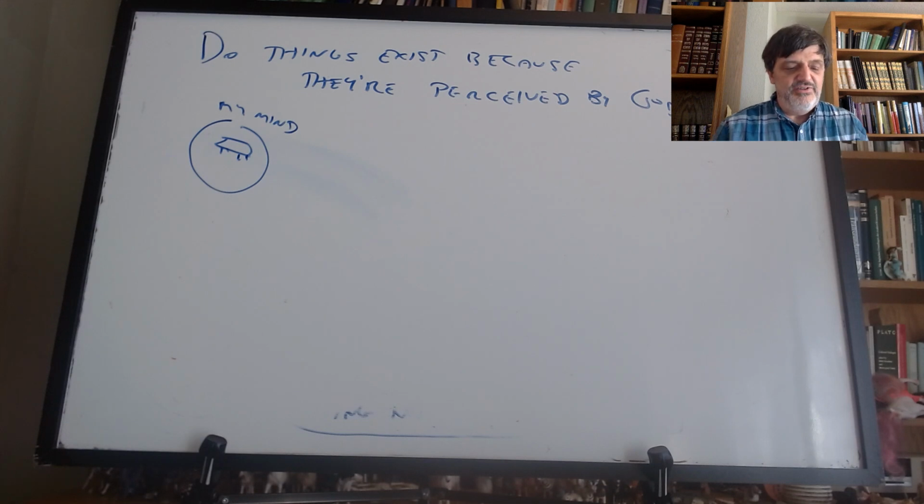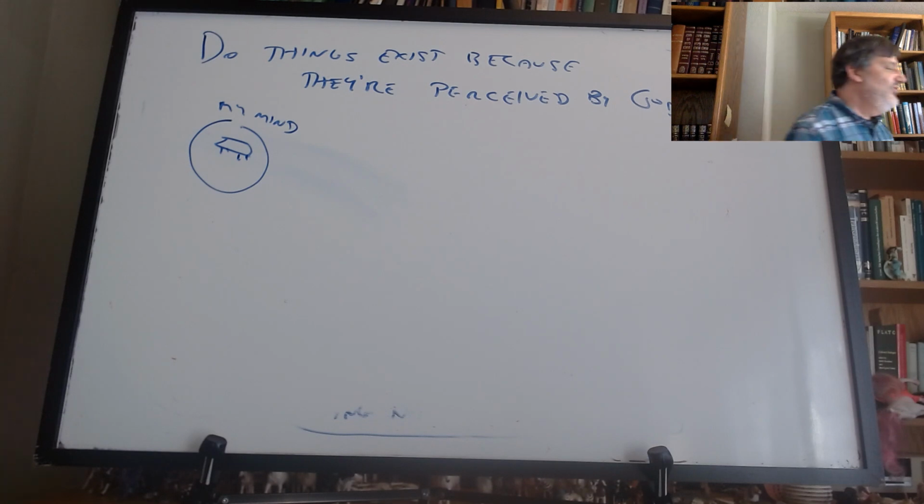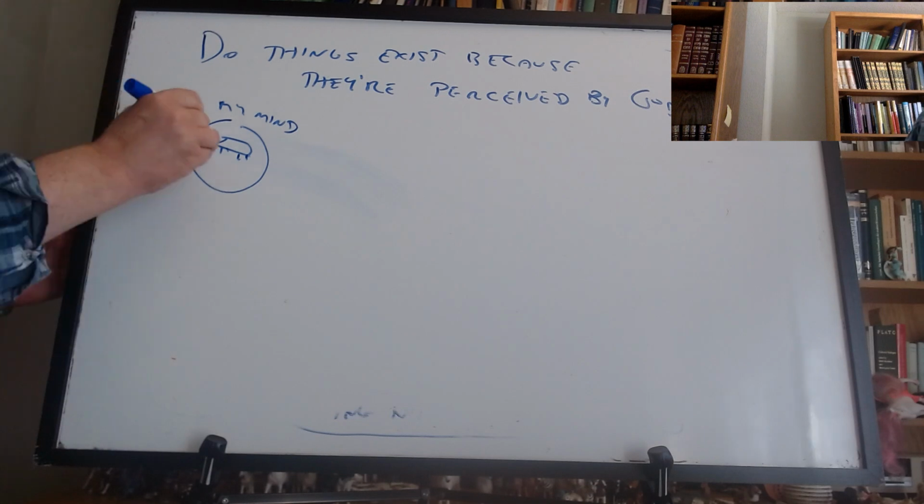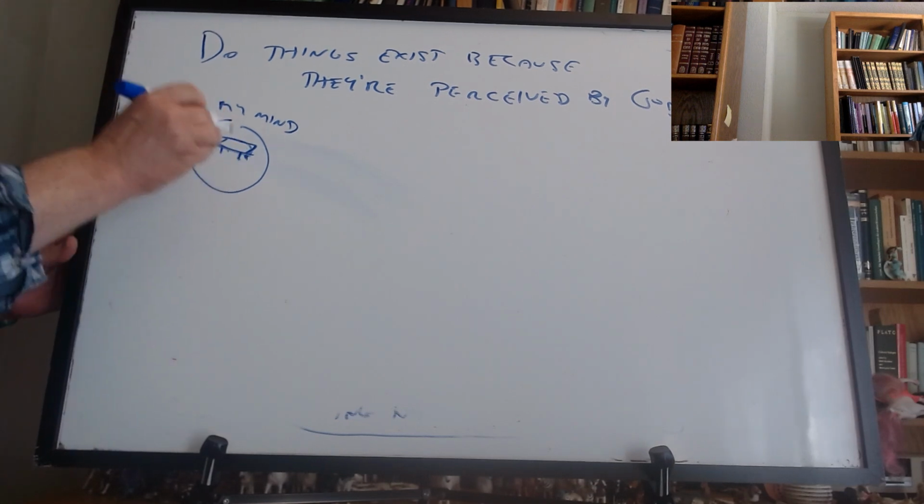Right? So like if tables are big and hard and colorful and can hold lots of stuff and you have to pay money to get them and whatever, that means there's an idea in my mind that's big and hard and colorful and can hold lots of stuff, etc. So that's what's in my mind, this idea that is a table.